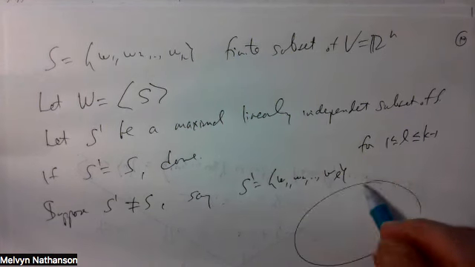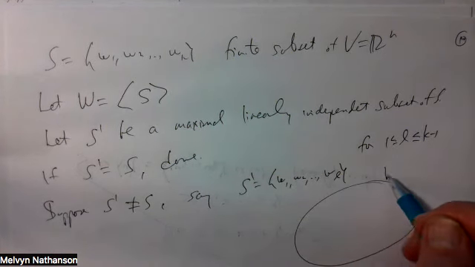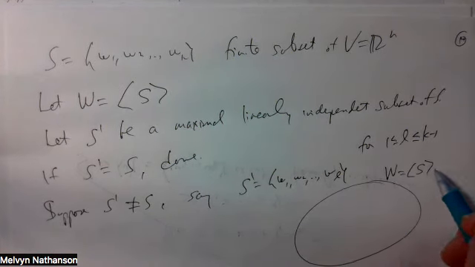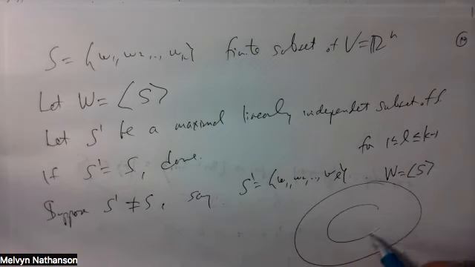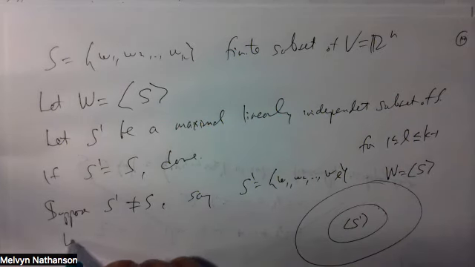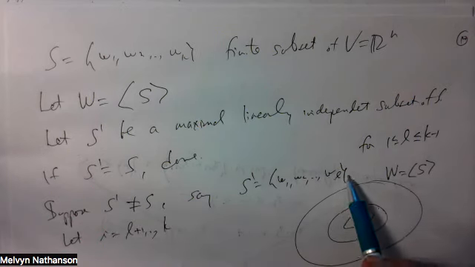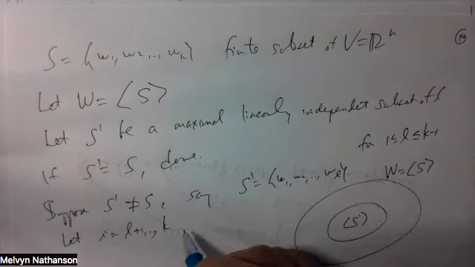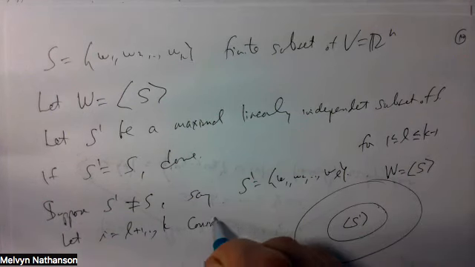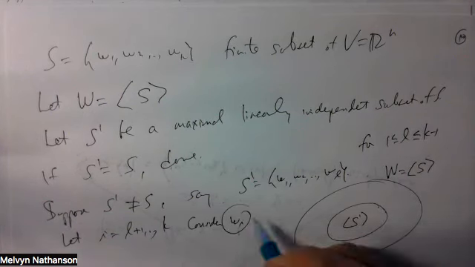Again, I have the same picture. Here's the subspace W generated by S. Sitting inside of that is the subspace generated by S prime. Suppose I let i be some number from l plus 1 up to k, and I consider the vector wi.